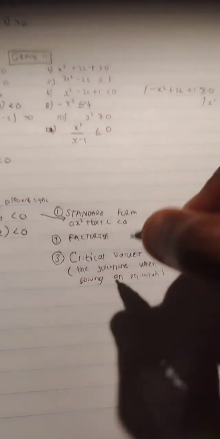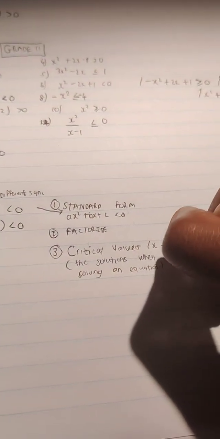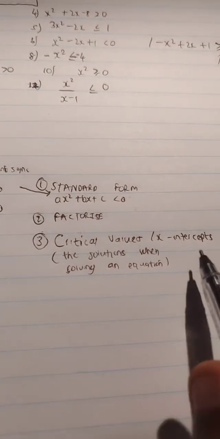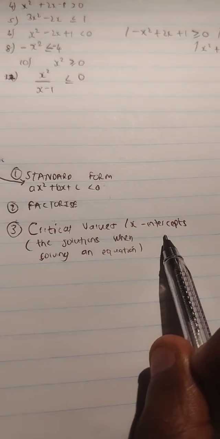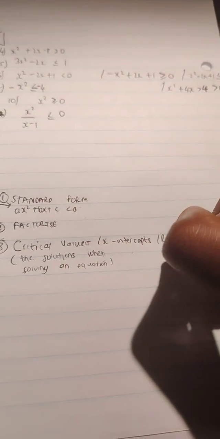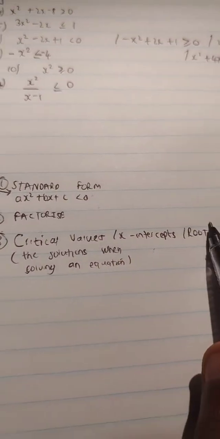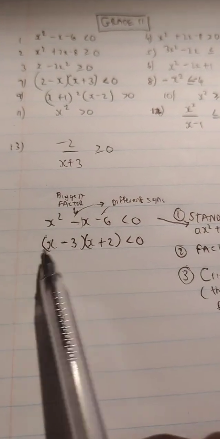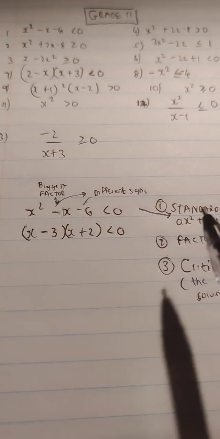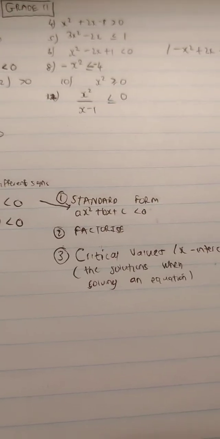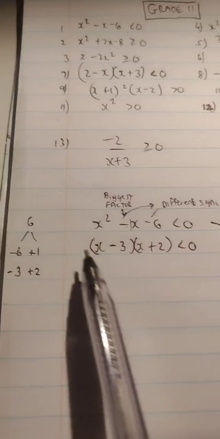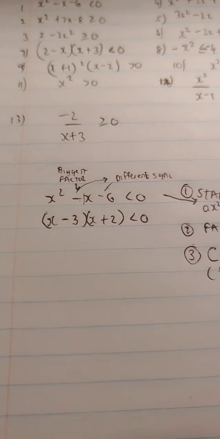We also call them the x-intercepts, or the roots. So if this expression was equated to 0, that's what we mean: the solutions that we get when the equation is equated to 0.